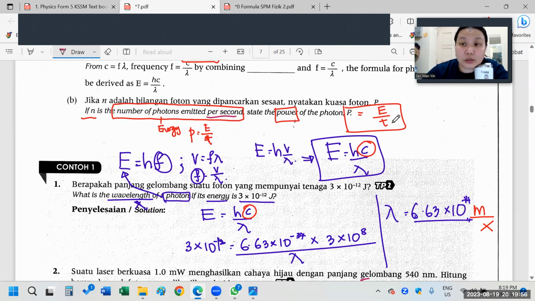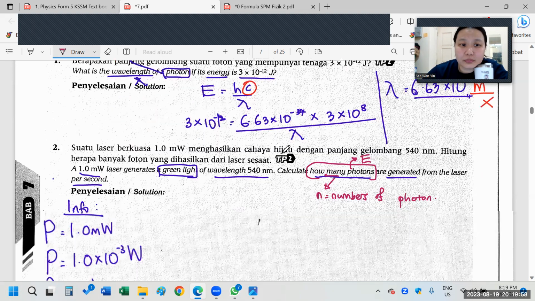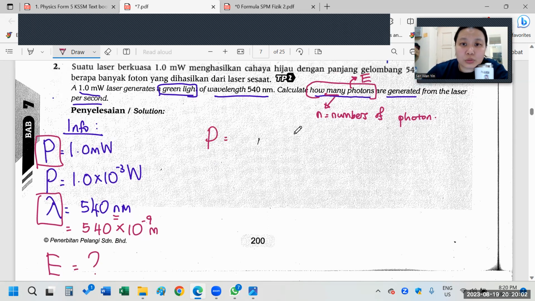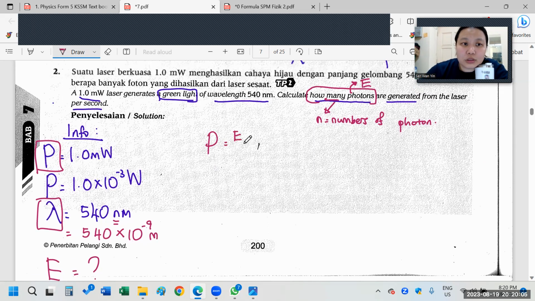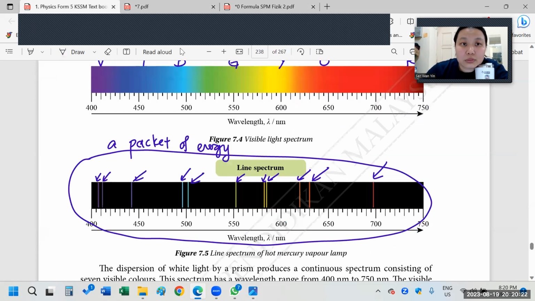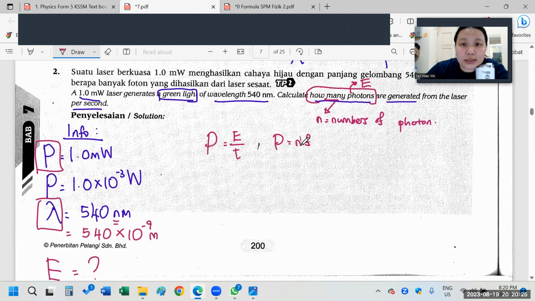Power equals the energy over time. So power equals to energy over time. Okay, and then power equals to nhf. Power equals to nhf.